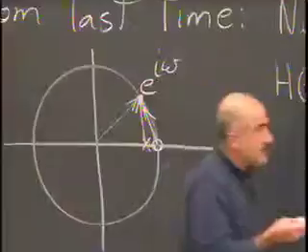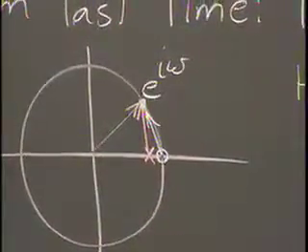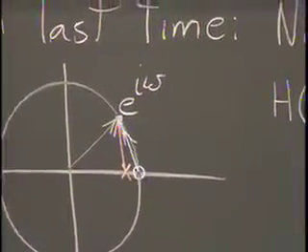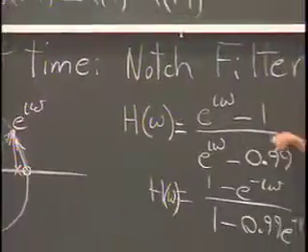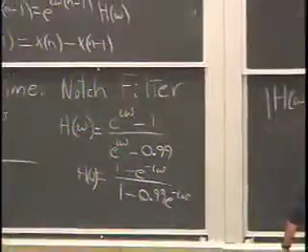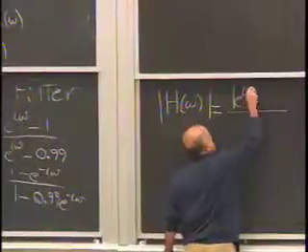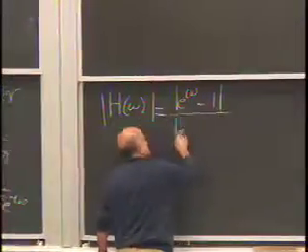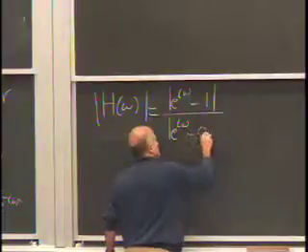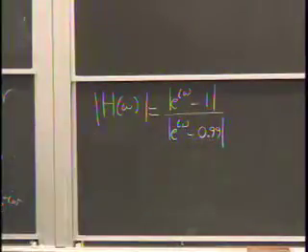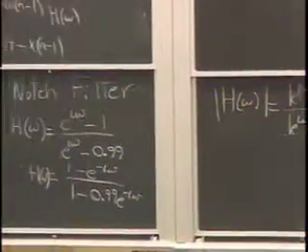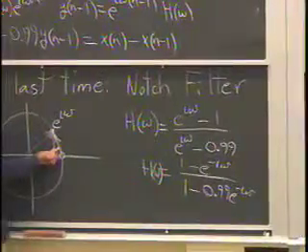When I want to figure out what the magnitude response is of this filter, I'm looking at the magnitude of a ratio, which is what? Ratio of the magnitudes. Which is essentially the ratio of the blue vector over the red vector.